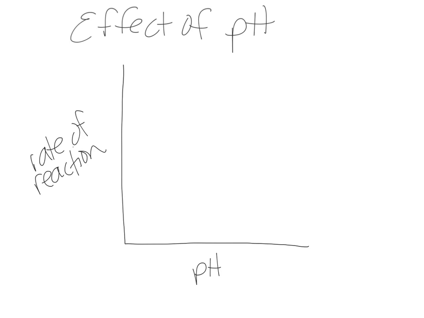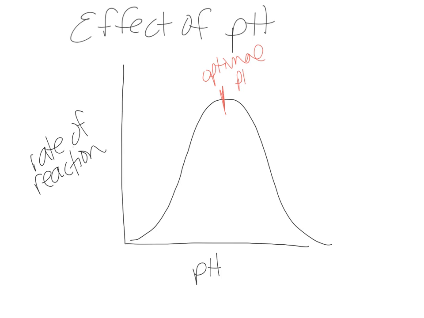And we're going to get something that looks like this, kind of like a nice cute bell curve. Up at the top here, we've got our optimal pH. Our optimal pH is the pH of our environment when our enzyme is working the best.